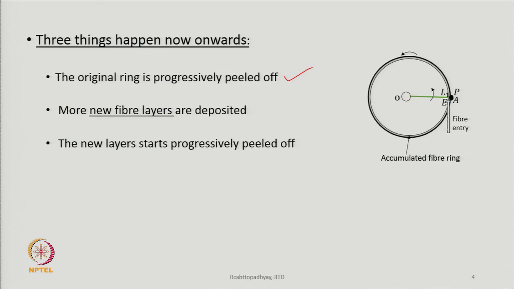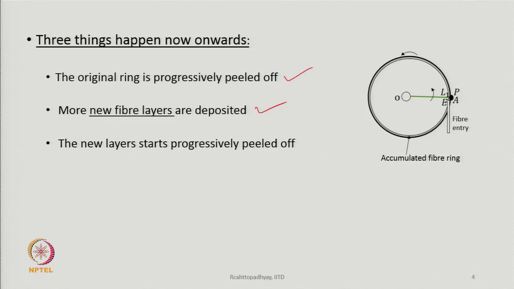So, first we feed the fibers and then we feed the seed yarn end. Once we start pulling the yarn out, the original fiber ring which is there will be peeled off gradually, and from now onwards more new fiber layers will be deposited simultaneously, because feeding is happening continuously.